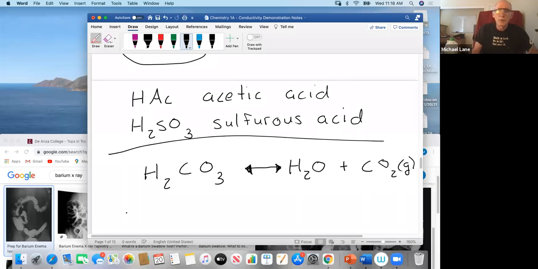So while the solution contains carbonic acid, when you pull the lid or pop the top, you see the bubbles. Those bubbles are carbon dioxide being given off because the reaction is moving in that direction. As long as the lid is off of the container, the reaction continues moving to the right, generating the CO2 gas.